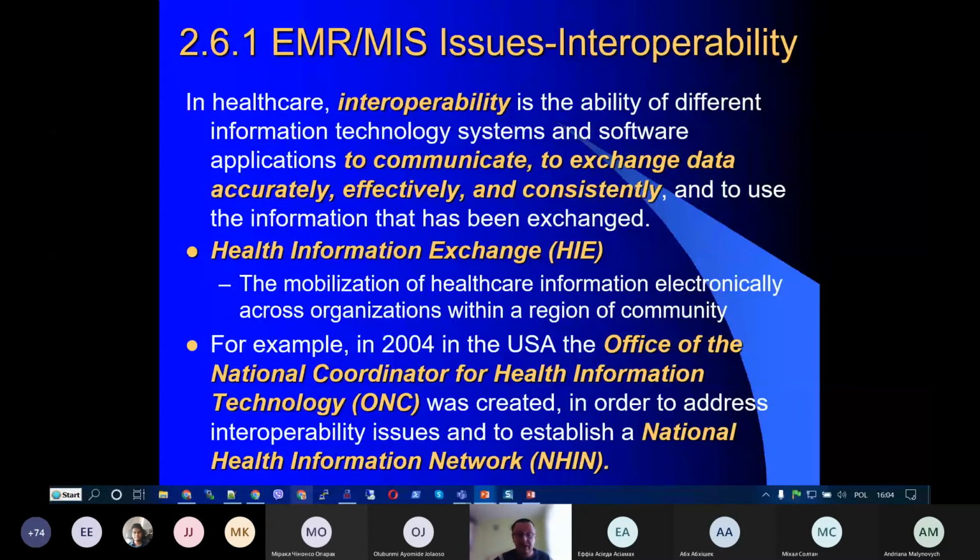At the bottom of the slide is an example for the United States, which relatively recently, like 16 years ago, provided some special government rules to force vendors to exchange information between their systems based on the National Health Information Network. So this is specific to the United States.